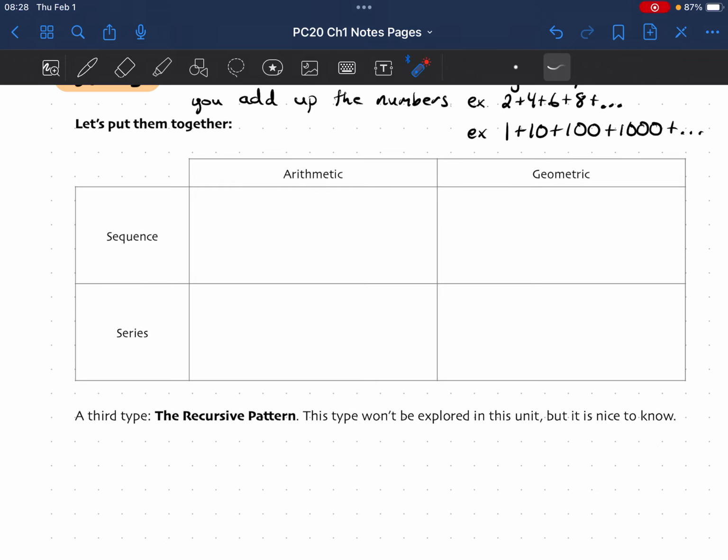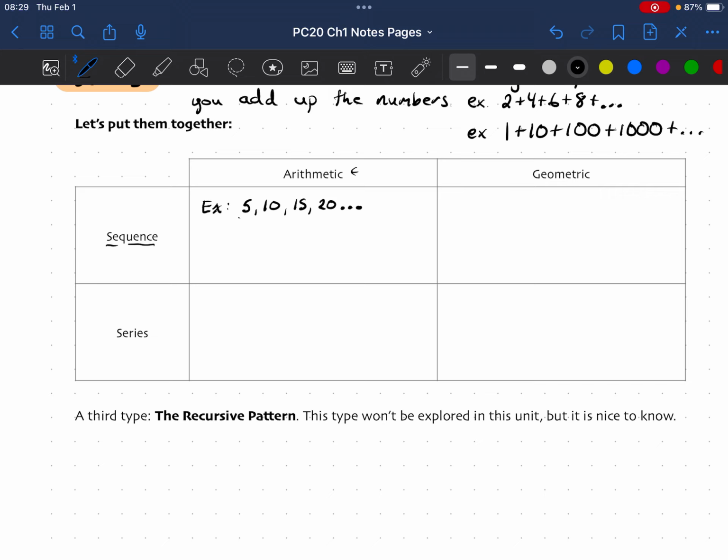So what is an arithmetic sequence? Well, it's just a list of numbers. So the sequence part is the list of numbers. Arithmetic means we're adding or subtracting to get to the next number. So here's an example. 5, 10, 15, 20, ... That's an arithmetic sequence.